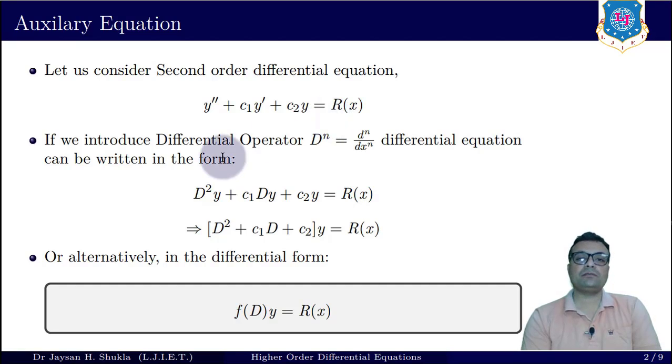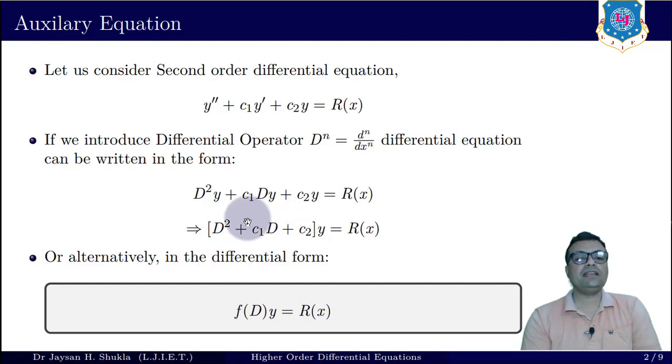Now, the first step is to consider the operator form of the higher order differential equation, which can be achieved by defining D raised to n as d raised to n upon dx raised to n. So, on the left hand side of the equation, y double dash will be D square of y, y dash is D of y, and the last part is c2y, equal to r of x.